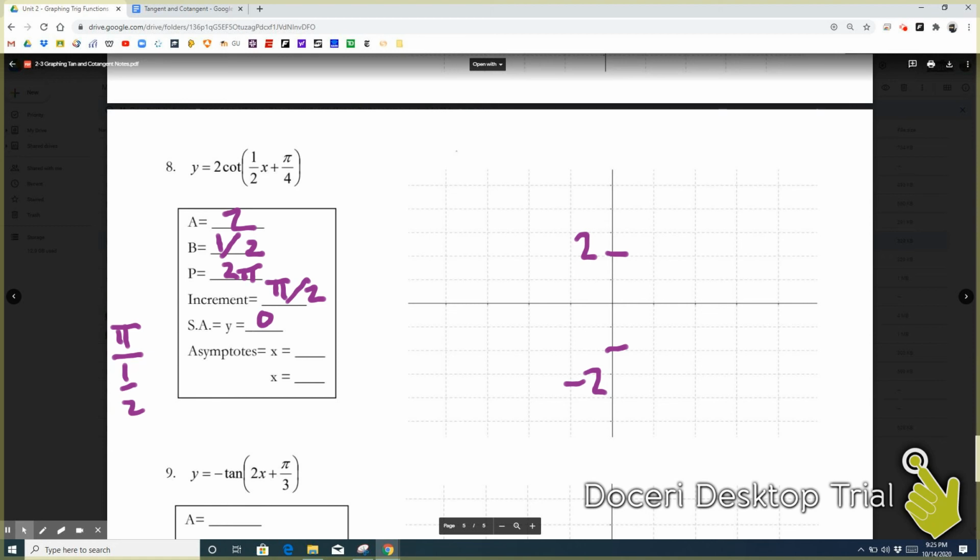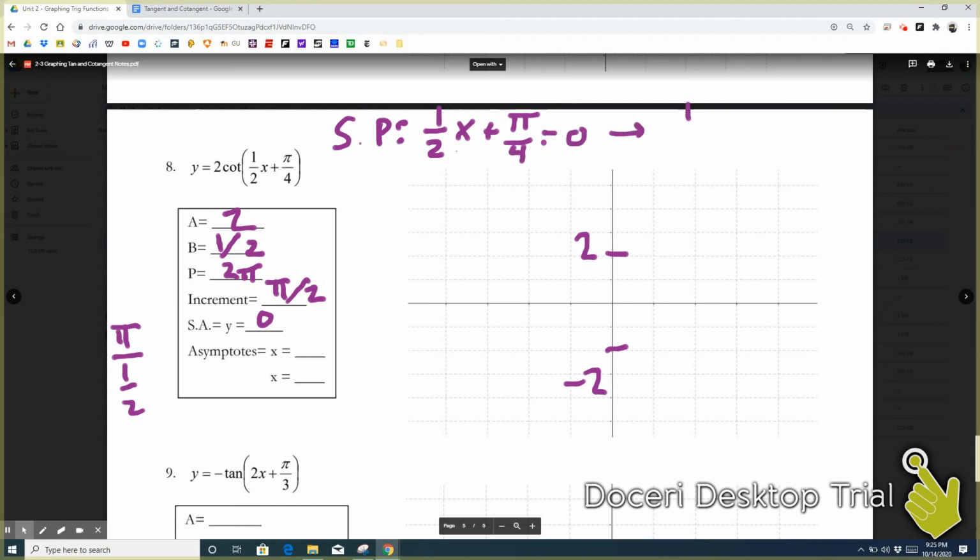And now we're going to set up our x-axis. So our starting point, SP, is going to be at the x value that makes whatever's inside the parentheses equal to 0. So 1/2 x plus pi over 4 equals 0.